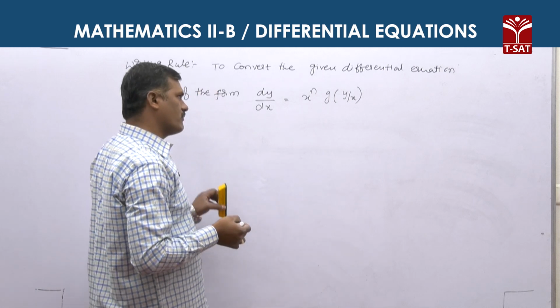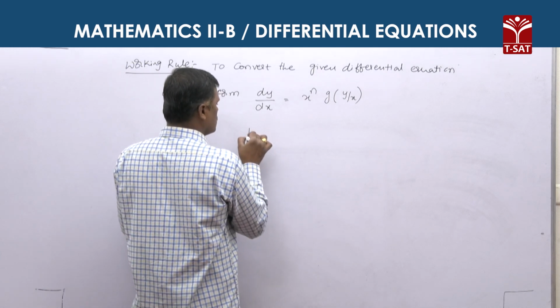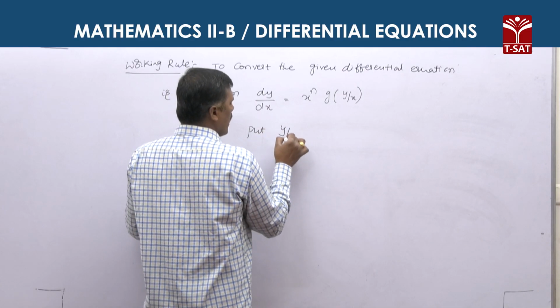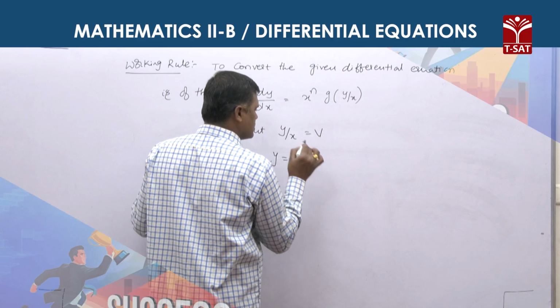Convert the given differential equation to the form dy by dx is equal to x power n into g of y by x, and put y by x is equal to v, y is equal to vx.